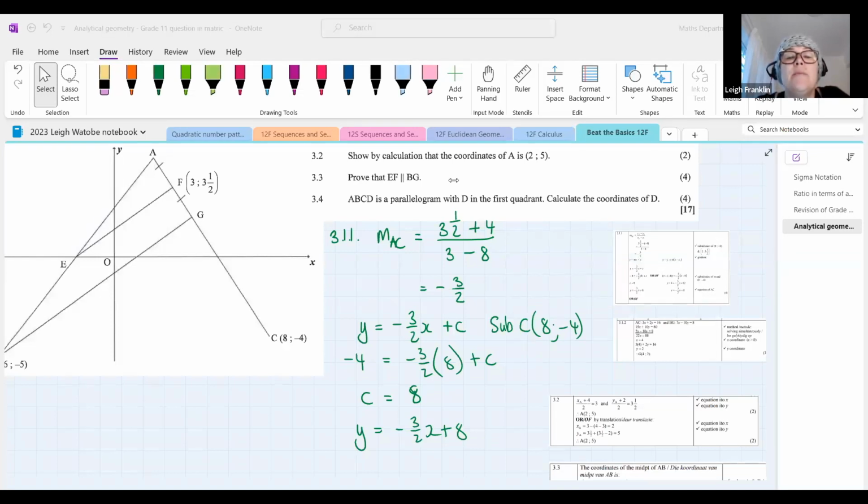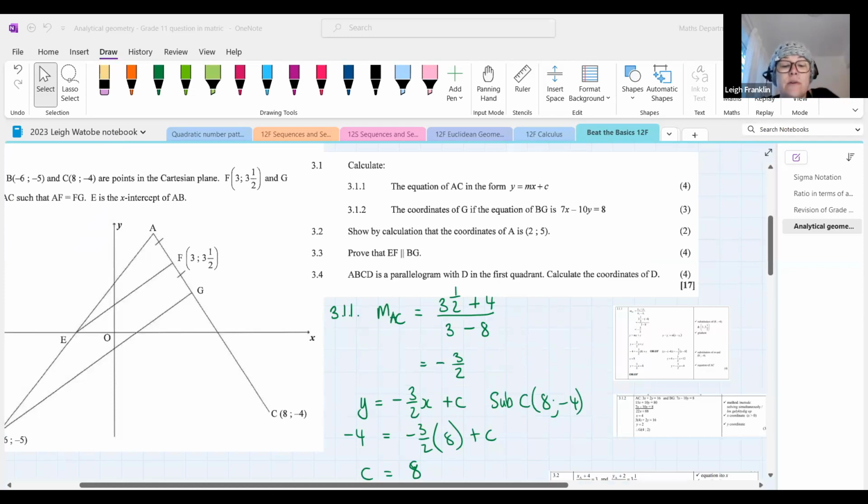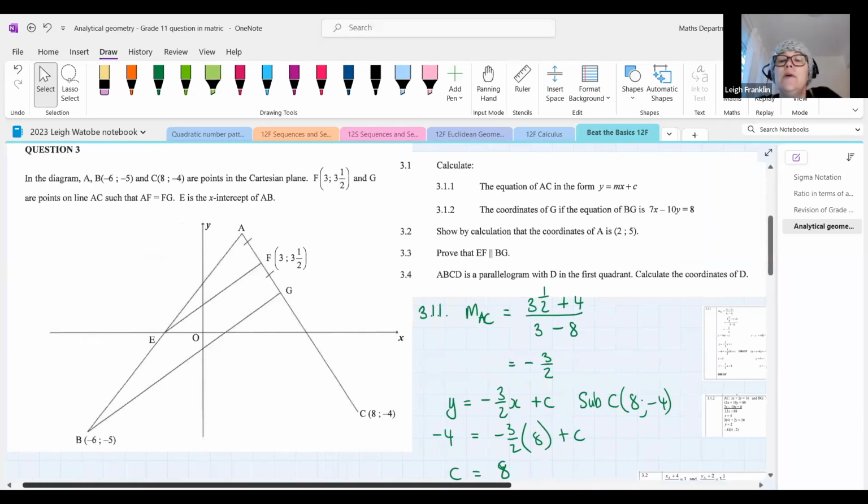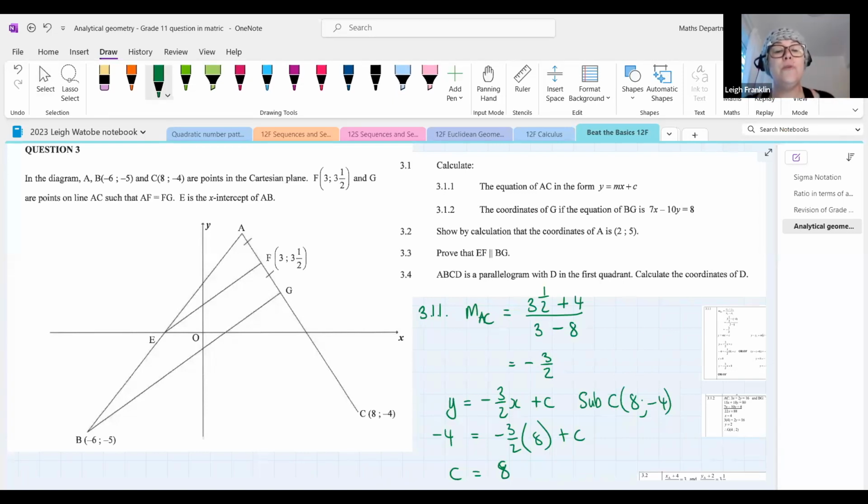Okay, let's just go back up. There's the questions. Okay, all right. So now on to the second bit, the coordinates of G. Now remember, in analytical geometry, we always use the things that we have calculated to help us to move forwards, all right? So we know the equation of line AC.